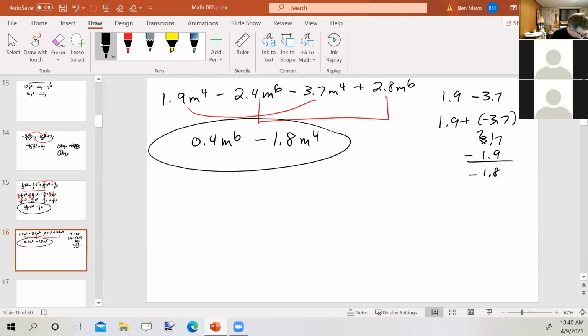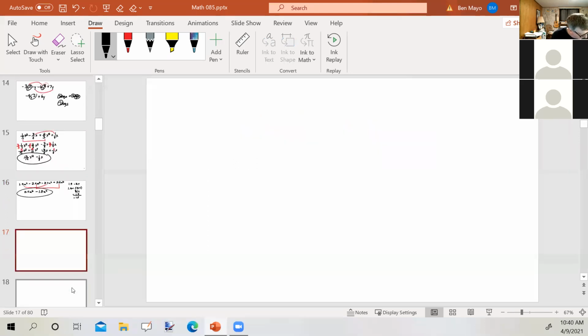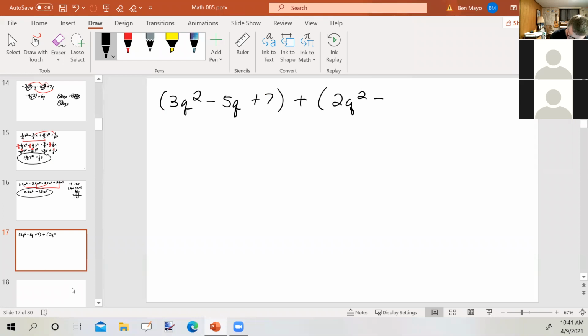All righty. Now, if we have the following polynomials that we're going to add, 3q squared minus 5q plus 7 plus the quantity 2q squared plus q minus 12.